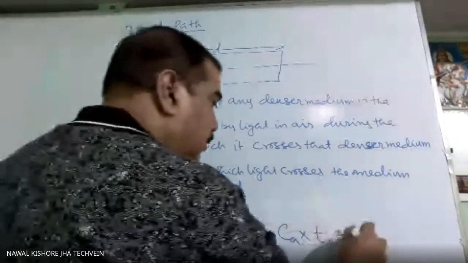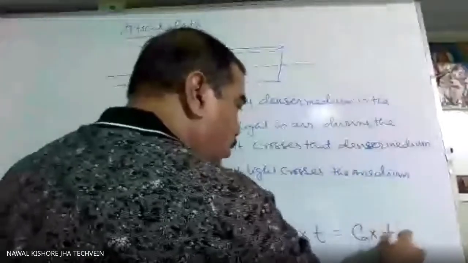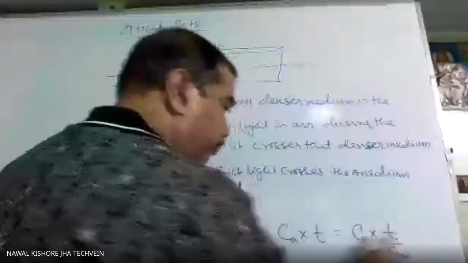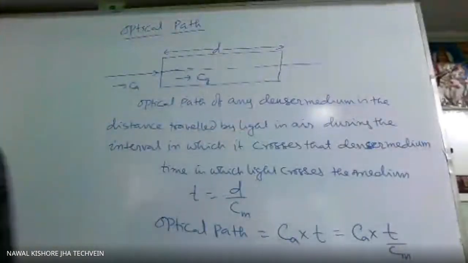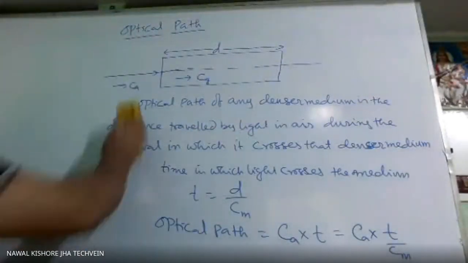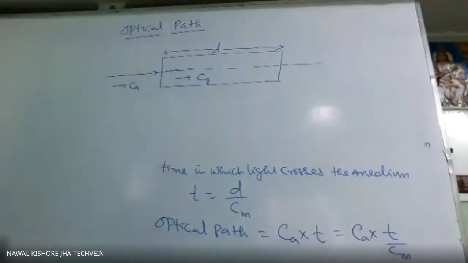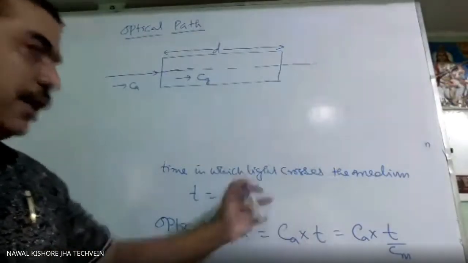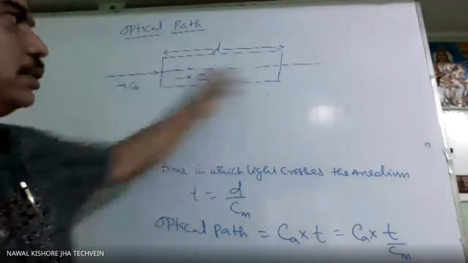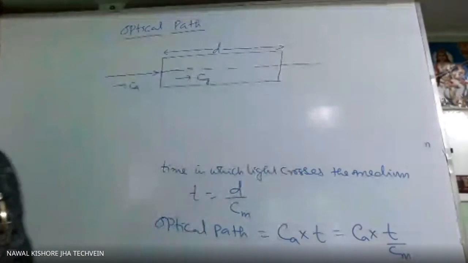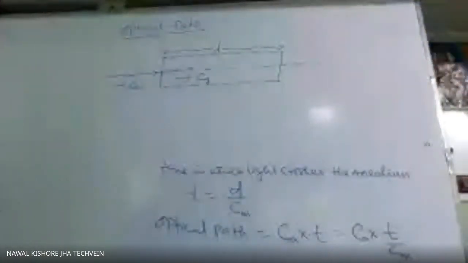So it is the speed of light in air into d over c_m. The optical path will be the speed of light in air into the same time interval that the light has taken to cross this particular medium, whatever the thickness or distance of the medium may be. So it will take different time.